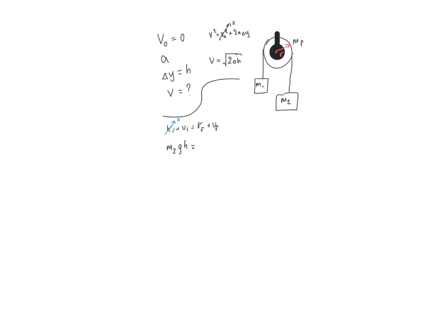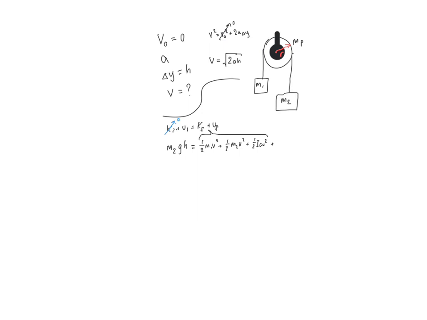Both blocks are moving, so it's going to be 1/2 M1 v squared plus 1/2 M2 v squared plus the rotating pulley, 1/2 I omega squared, plus, now keep in mind all of this was just that final kinetic energy.